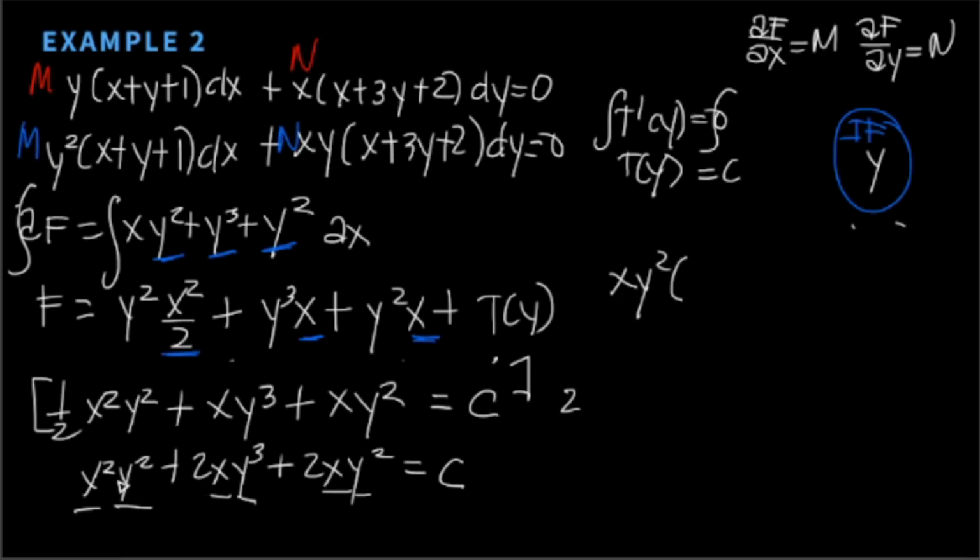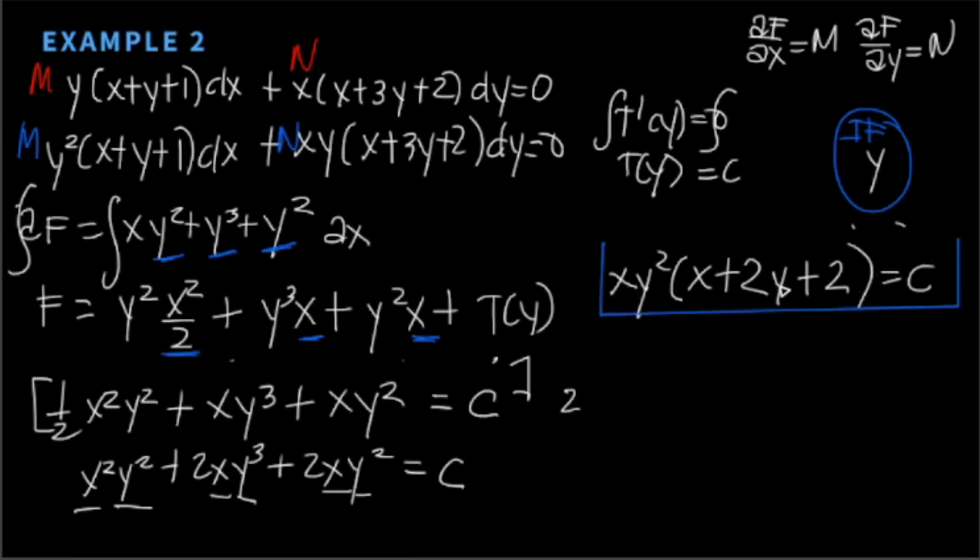So, magiging x plus 2 tapos x cancel na y cube minus y cube over y squared, that would be y plus 2 xy squared. So, wala na siya. Is equal to c. So, ang final answer natin would be xy squared times x plus 2y plus 2 is equal to c. So, yan na yung end ng examples natin.